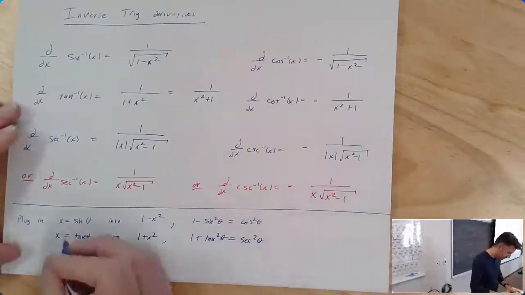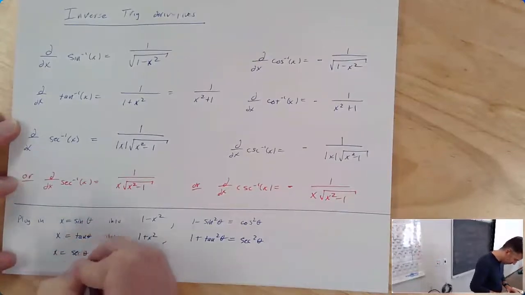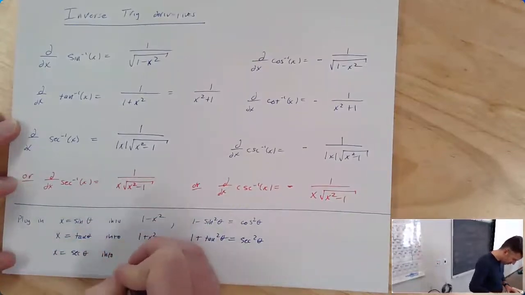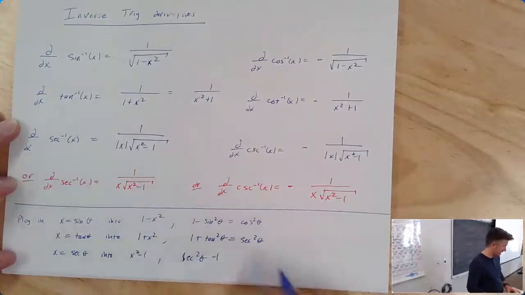And finally, for the third one, if you plug in x equals secant theta into x squared minus 1, you get secant squared theta minus 1, which you can see from the one above is just equal to tangent squared theta.